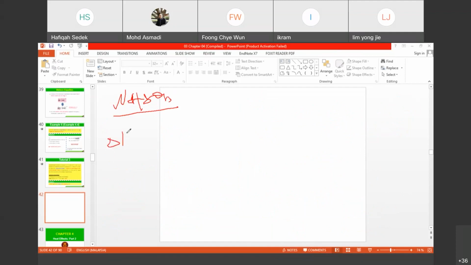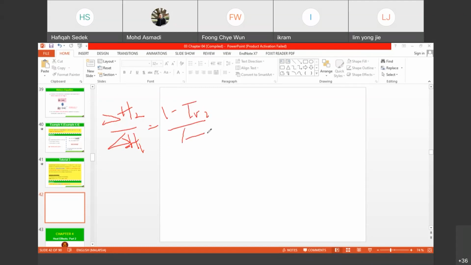If you still remember the Watson equation, delta H2 divided by delta H1 equals ((1 minus TR2) divided by (1 minus TR1)) to the power 0.38.